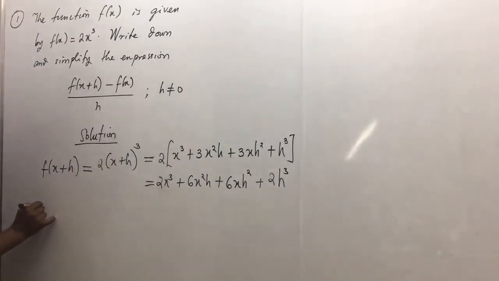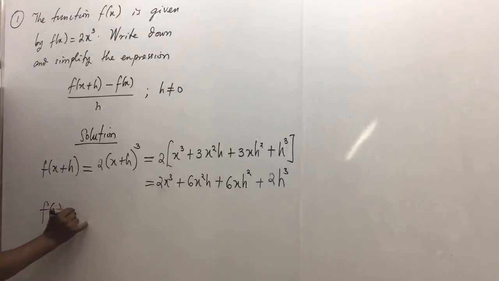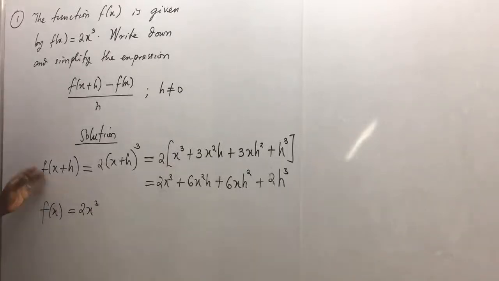Now, I'm going to write here the expression for f of x. So we were told f of x is equal to 2x cubed. Okay? Now, looking at the board, we have obtained a simplified expression for f of x plus h. We have written down the expression for f of x, which was 2x cubed.